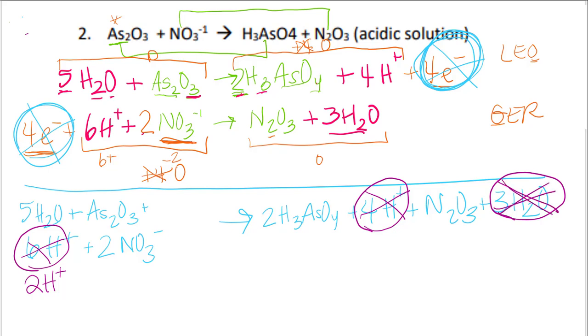So let's get rid of those 3 waters and make that 5 go down to 2 waters. There is my net equation here. I've got 2 waters plus As2O3 plus 2 H pluses plus 2 nitrates. Those are my reactants, products, 2 H3AsO4s and N2O3.